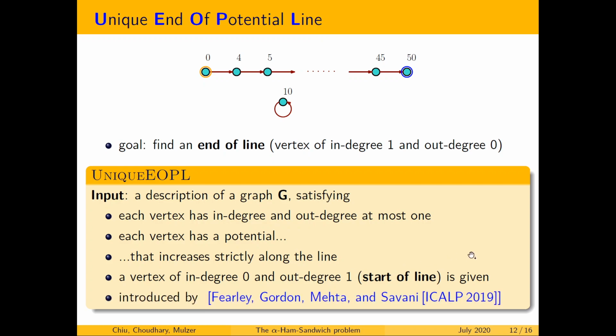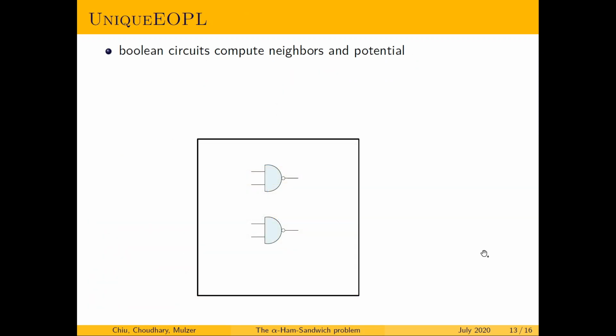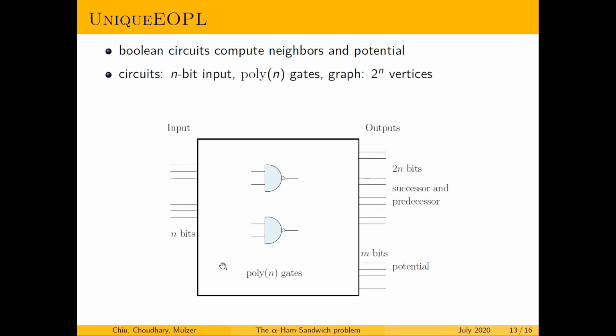At the outset, this seems like a very simple problem, but the case is that the graph is not given explicitly, but rather implicitly in the form of a Boolean circuit. So a circuit that contains Boolean gates. The input to the circuit consists of n bits, and these bit strings represent the vertices of a graph.